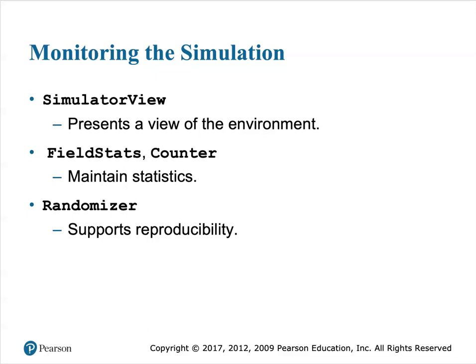So on a step-by-step basis, simulator view is responsible for the visual representation of the simulation. There is also the field stats and counter classes, which are maintaining step-by-step statistics, which will be useful.